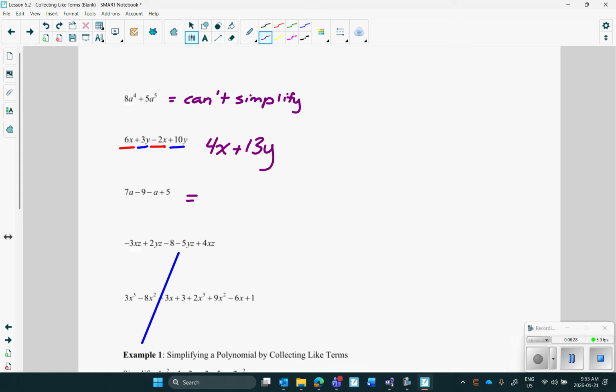Remember, every time you see a variable sitting there and it doesn't have a number in front, there is actually a number in front, we just don't write it. So I'm just going to remind myself that's 1. So what would this one be? 6a minus 4. The 7a minus 1a is 6a. Negative 9 plus 5 is negative 4.